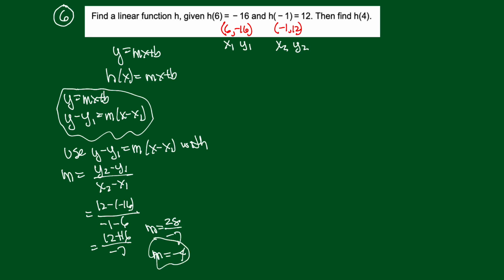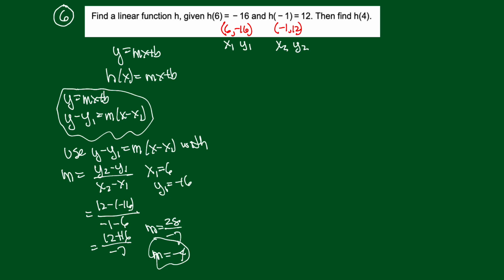Now, let's substitute into our form. So I'm going to substitute into this form right here. I've got a y1, I've got m, and I've got x1. Here's the y1, and here's the x1, and we just computed m. So I'm going to complete this sentence here. I said, use y minus y1 equals m times x minus x1 with m equal to this number and x1 equal to 6, y1 equal to -16.